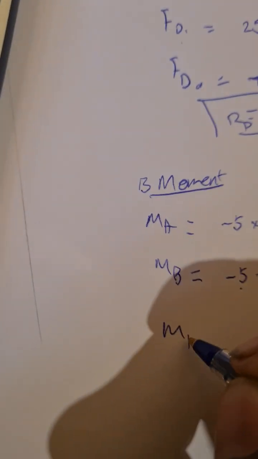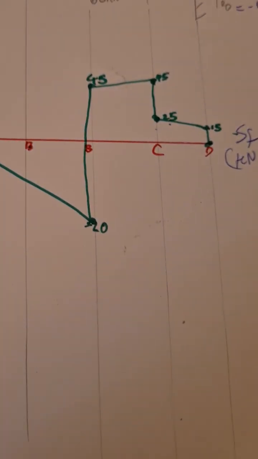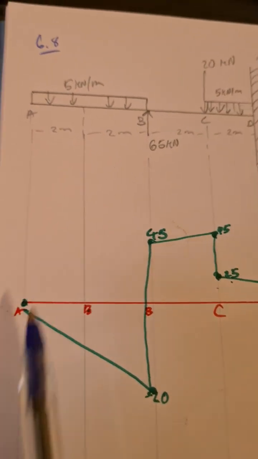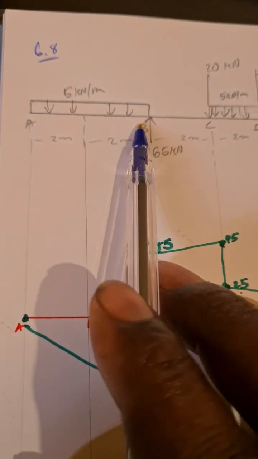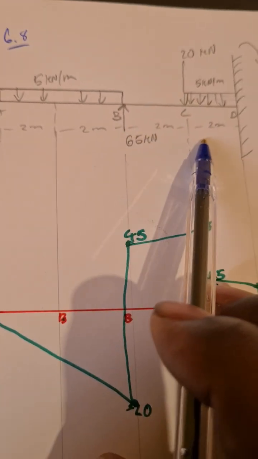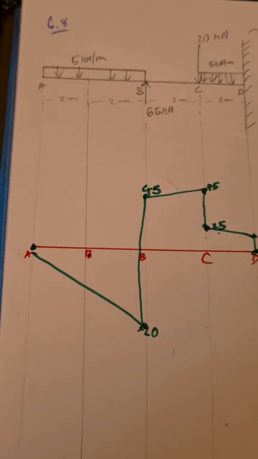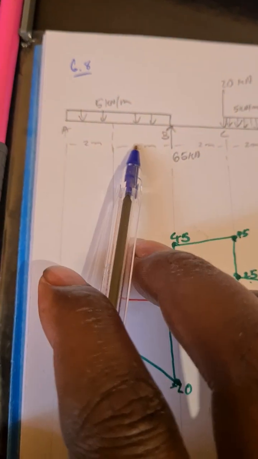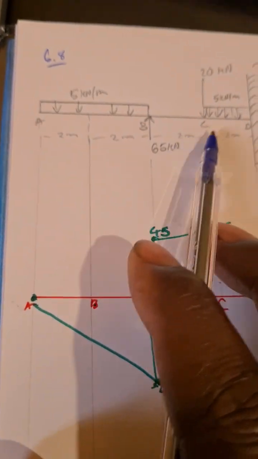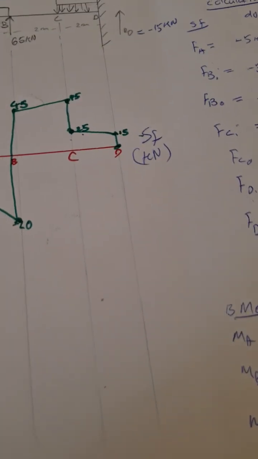Then moment at C. So moment at C, we have only the UDL at A to B plus the distance here. So it's going to be again minus 5 times 4. The UDL ends at 4. You don't have to stretch it. First convert the UDL into a force.